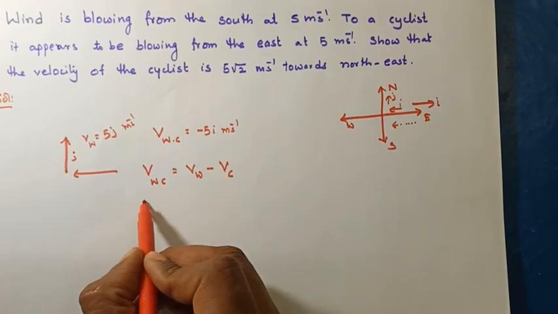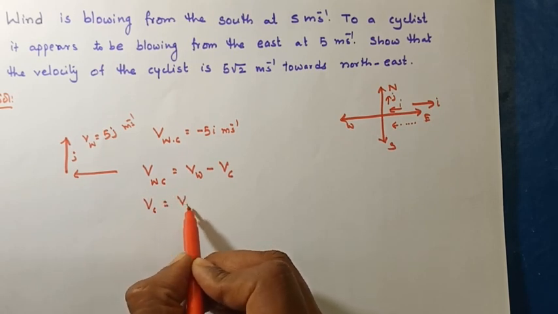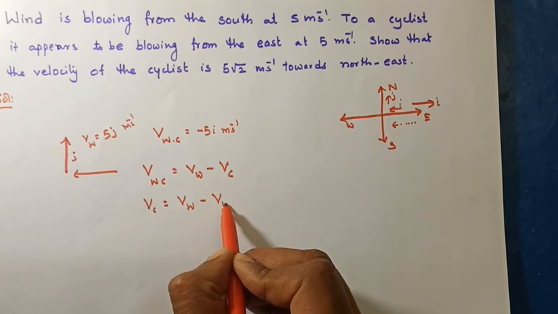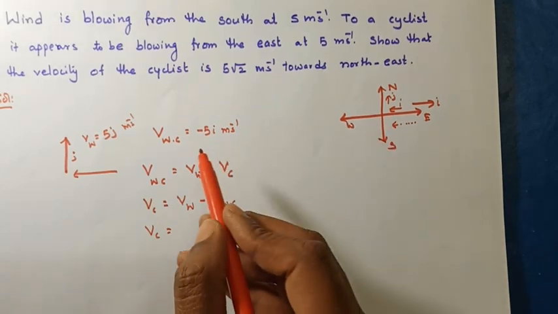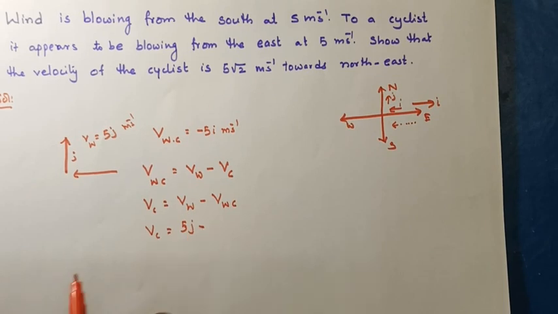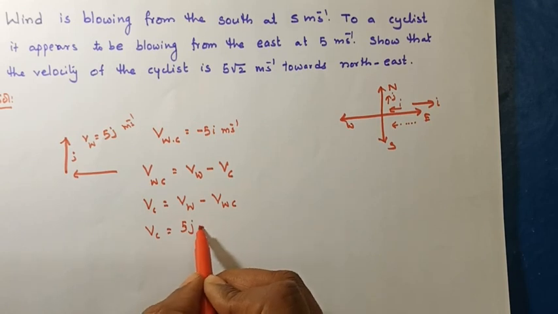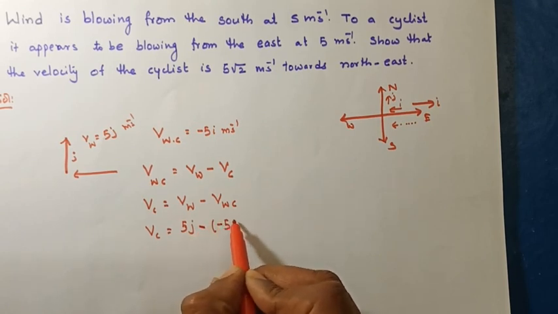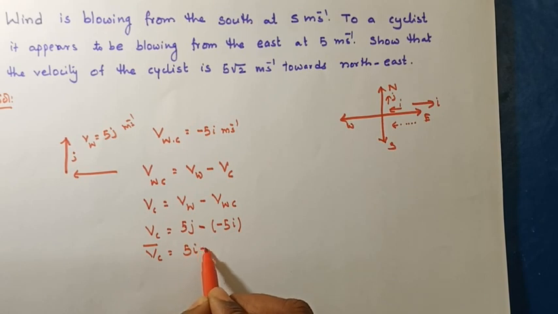Bring to the left side: V_W minus V_WC. V_W is 5j, minus V_WC, velocity of the wind with respect to cyclist, which is minus 5i. So the velocity of the cyclist vector is 5i plus 5j.